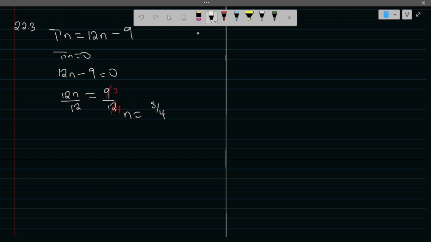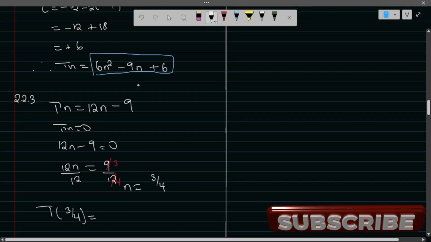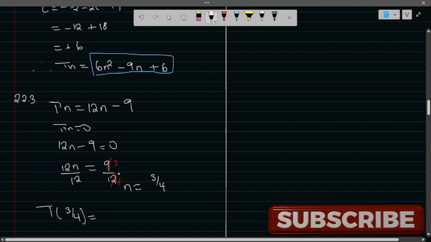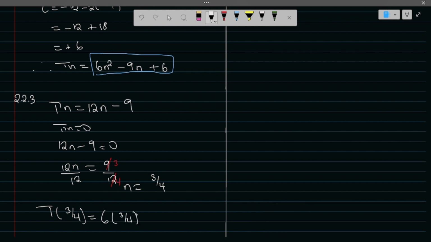So if you substitute n equals 3 over 4, T of 3 over 4 is going to be 6 times 3 over 4 squared minus 9 times 3 over 4 plus 6.